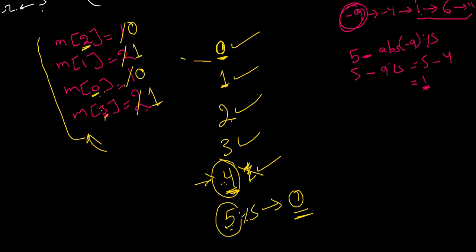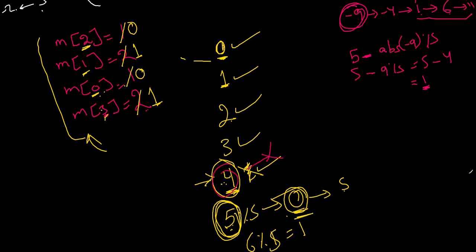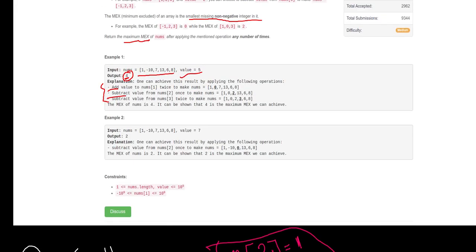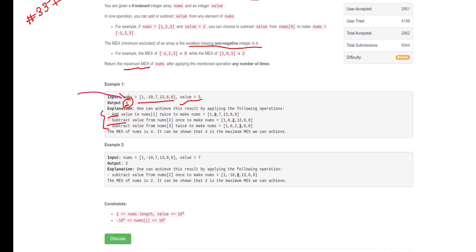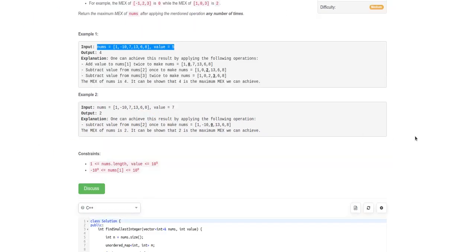Since to reach the value 5, it's the same as to reach the value 0, because if we reach 0 we can just add 5. And for 6, we check for 6 mod 5, which equals 1, so we check for 1. But in this example we couldn't reach 4, so we just return the value 4, and indeed this is the answer for the example.